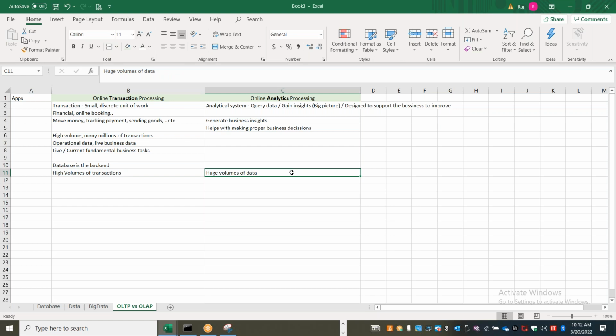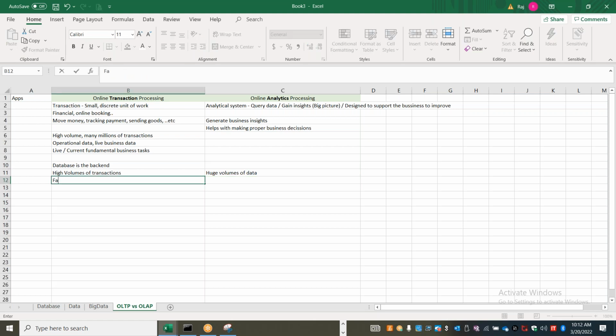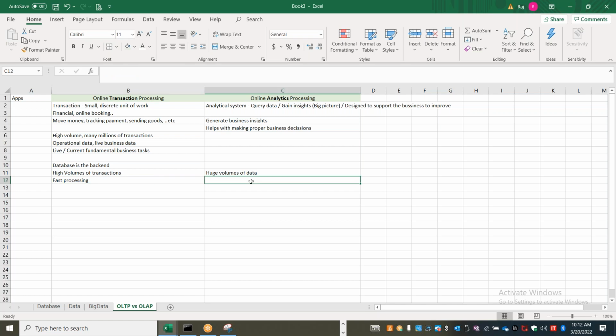Huge volume is different in terms of data; high volume is different in terms of transactions. We'll have multiple transactions happening in a sub-second, with a lot of fast processing. If you're sending money, it happens in a second, right? Whereas on the other side, in OLAP, it will be a long running query. It may run for 20 minutes or 1 hour. Some queries can run for a day or more also. So it will be very slow.